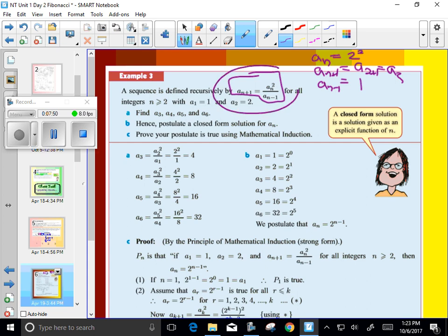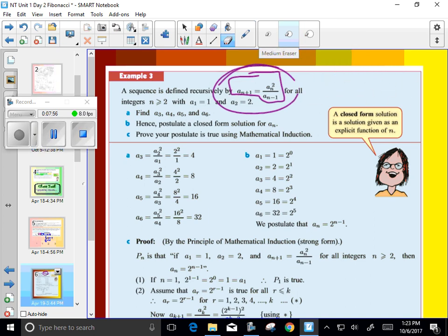This recursive formula could be reduced to something way simpler. What do you think it would be? This is 2 squared, this is when n equals 3. This is 2 what? Cubed when n equals 4.